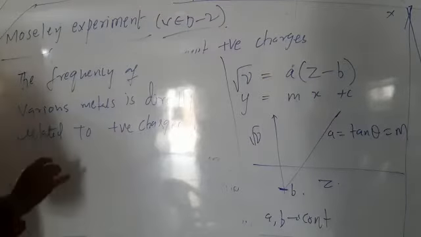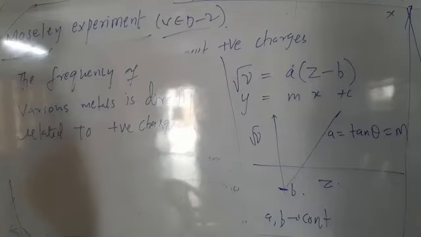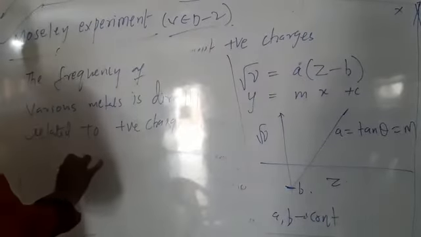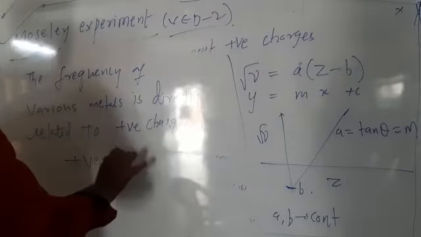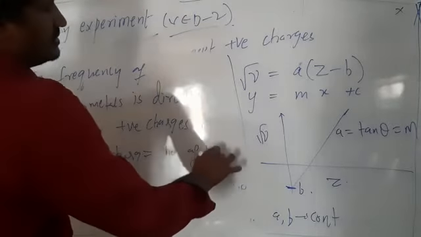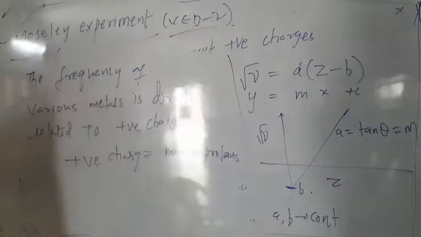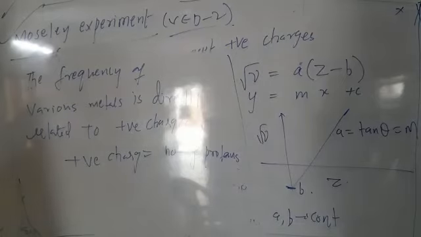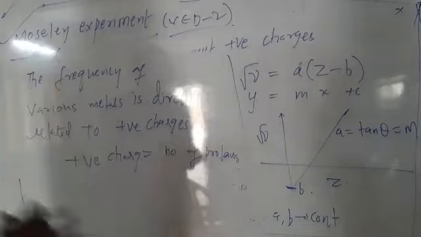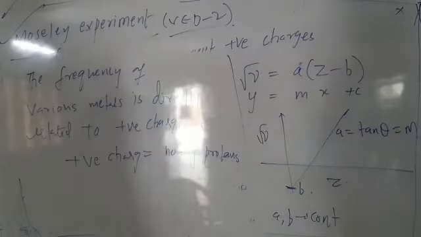As the frequency of radiation increases, the positive charges in the nucleus increase. That means positive charges are nothing but the number of protons in the nucleus. Based on this concept, Moseley gave atomic numbers to the various elements.